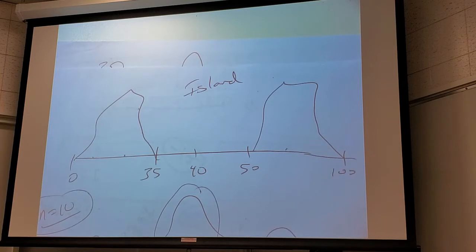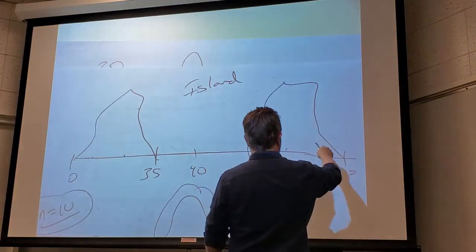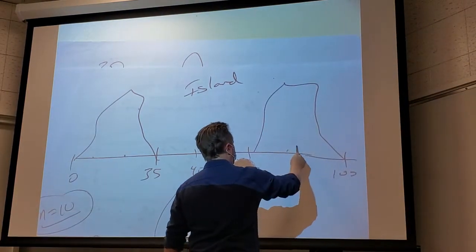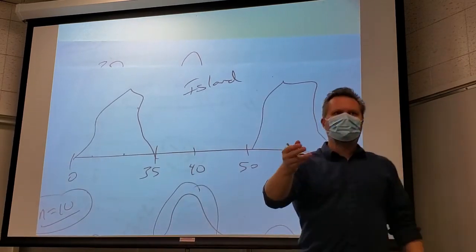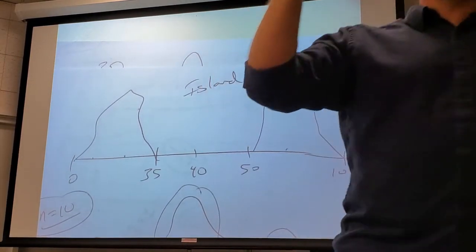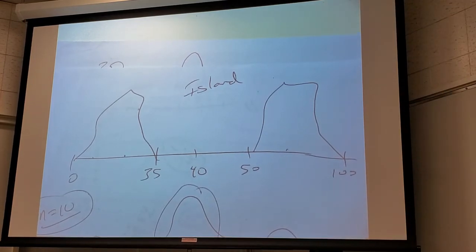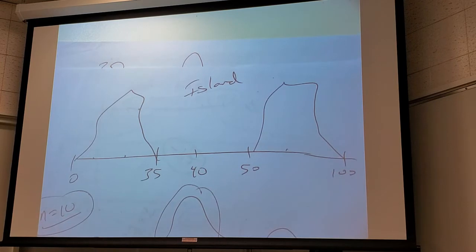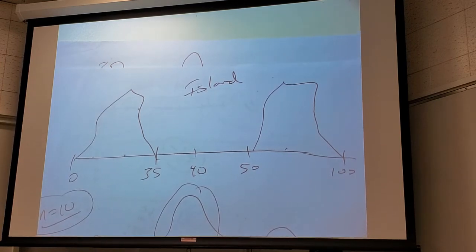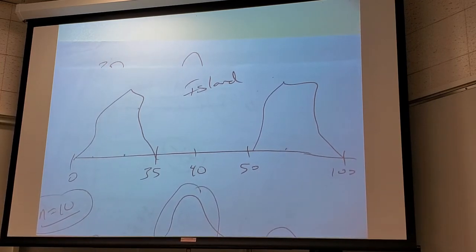I'm taking a group of 10 people, so I'm going to randomly pick 10 people. Is it more likely that I get 10 people from one side, or that I get some from both? Some from both. So therefore, the most likely sample mean for any group of 10 people I take will be the actual mean of everybody. Okay, does that make sense?